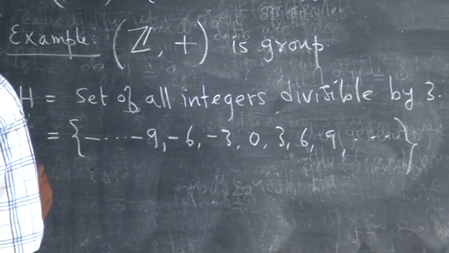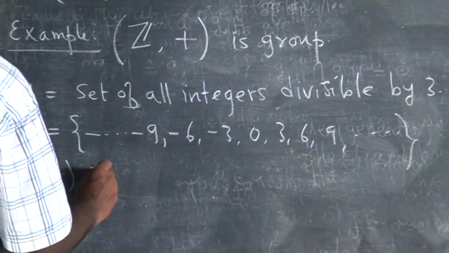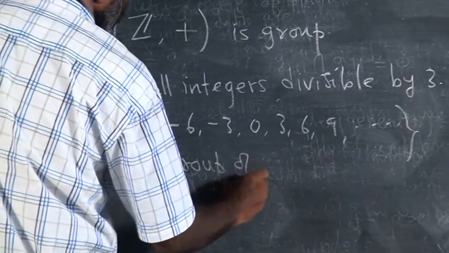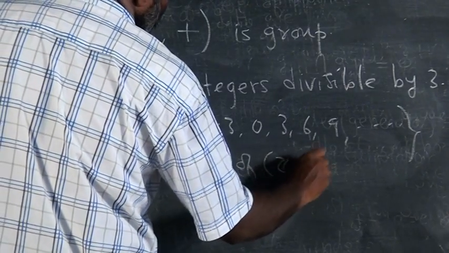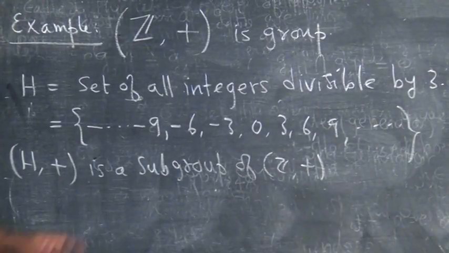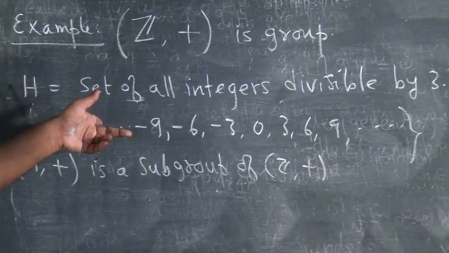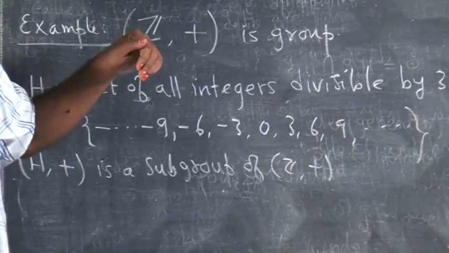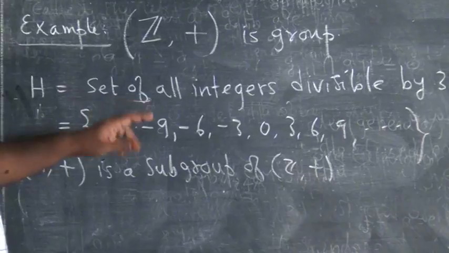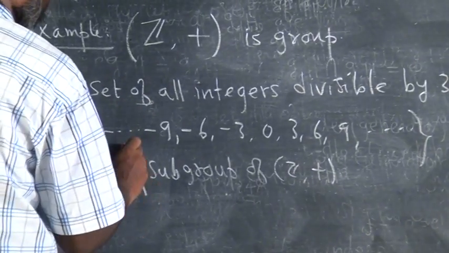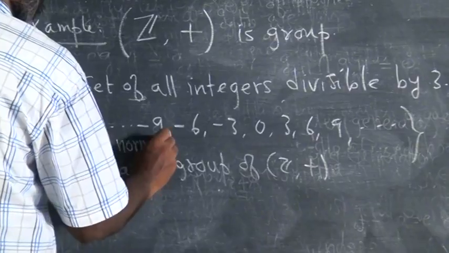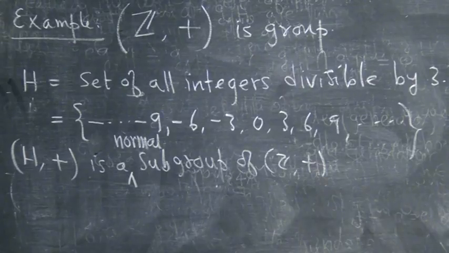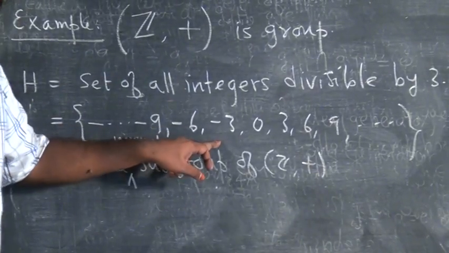So H plus is a subgroup of Z plus. Now, since it is an abelian group, it's also a normal subgroup, because you add any element from left or right, it doesn't make any difference. So it's also a normal subgroup. Now, what are the elements that are in Z but not in this?